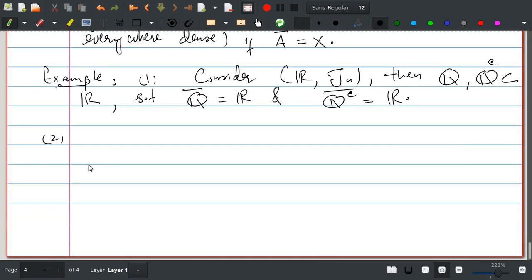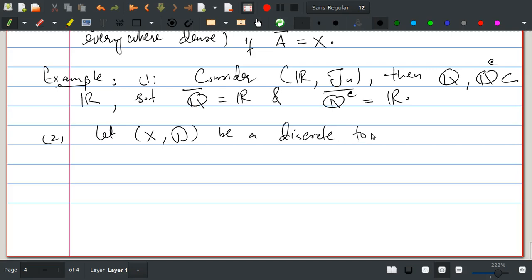Let us do one more example. So let us consider the discrete topological space. So let (X, D) be a discrete topological space.